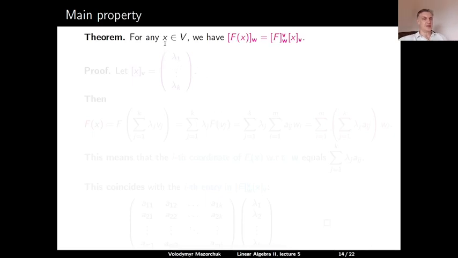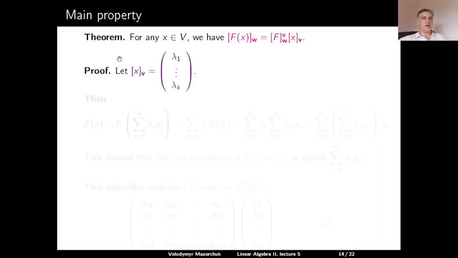For any element x in V, the coordinates of the element F of x, so this is an element in W, so we are talking about the coordinates of this element with respect to our basis bold W. These coordinates can be computed as a product of the matrix of the linear map F in the bases V and W times the coordinates of the element x in the basis bold V. So using the matrix of the linear map, we can compute coordinates in the target vector space, knowing the coordinates in the original vector space.